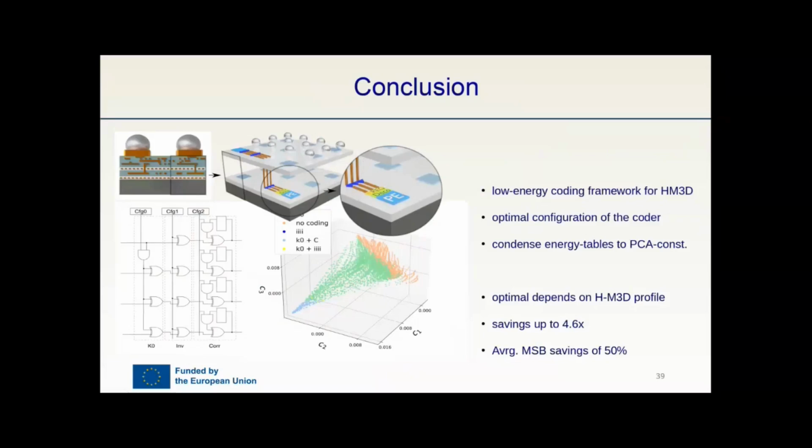In addition to that, we can model the energy consumption in 3D technologies just using an extremely efficient PCA approach. With this methodology, we can more or less produce a saving of a factor 4 in terms of the energy that we need for transmitting our result.